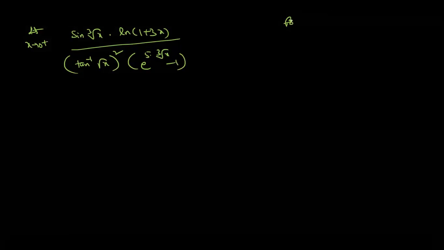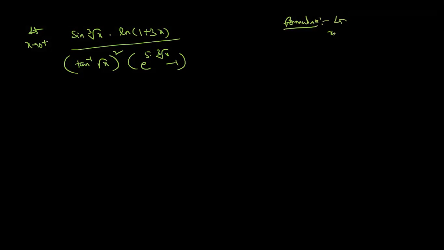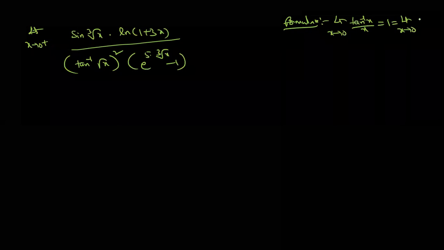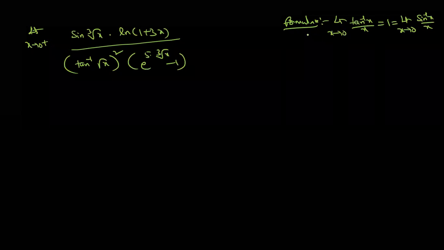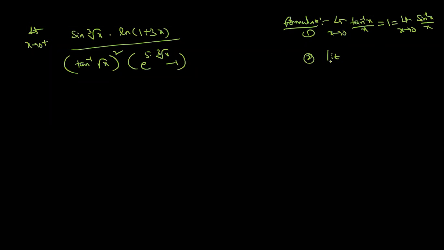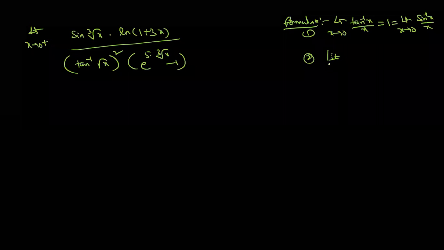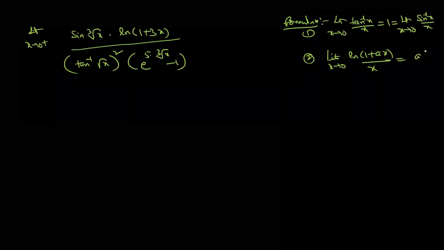Here students see formulas. Limit x tends to 0 of tan inverse x by x is 1. Limit x tends to 0 of sin inverse x by x is 1. So please remember these formulas. Limit x tends to 0 of ln of (1 + ax) by x, what is your answer? It is a.